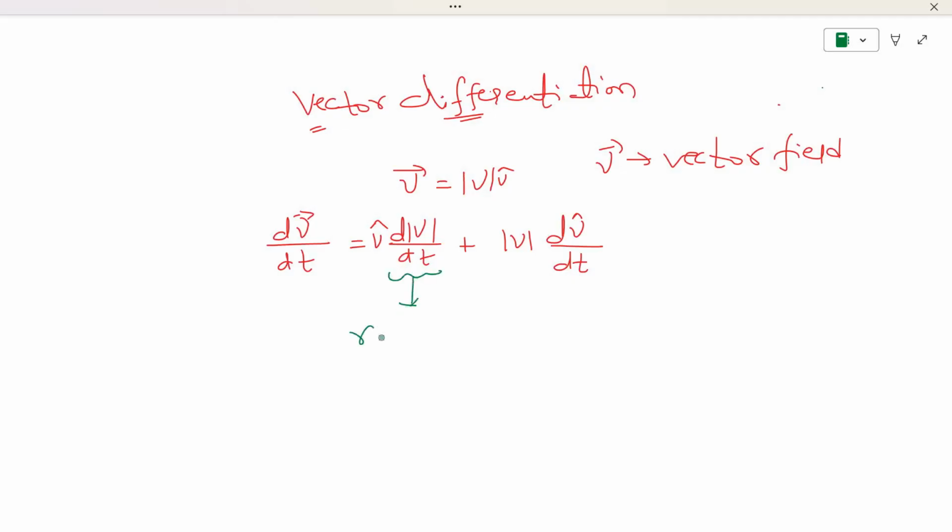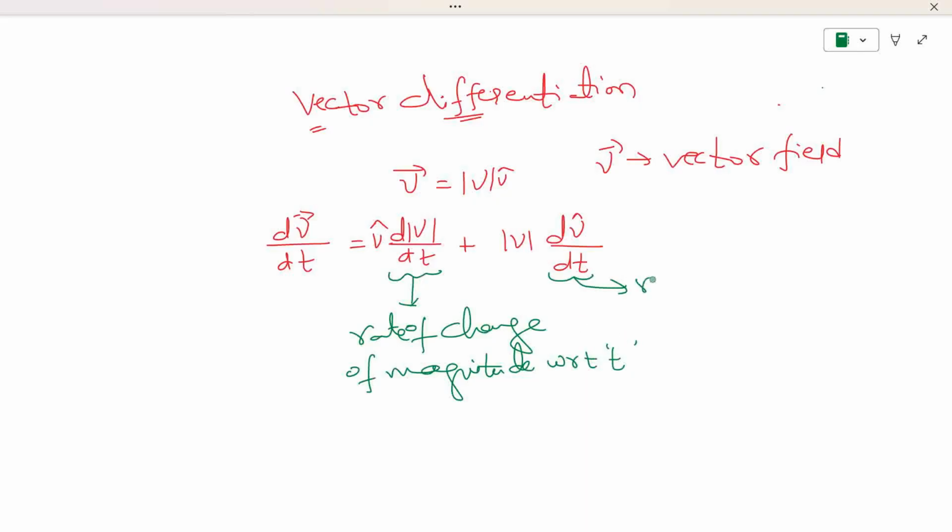Here this is the rate of change of magnitude with respect to time. Here this is the rate of change in direction.